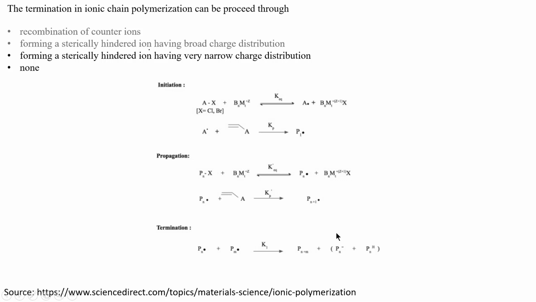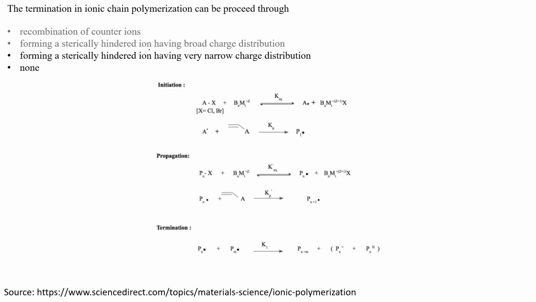This ion formation has a broad charge distribution. Because of the broad charge distribution, the ion is sterically hindered and won't undergo any further polymerization.